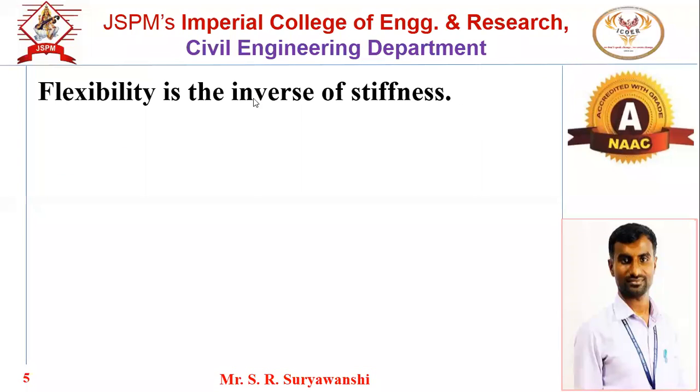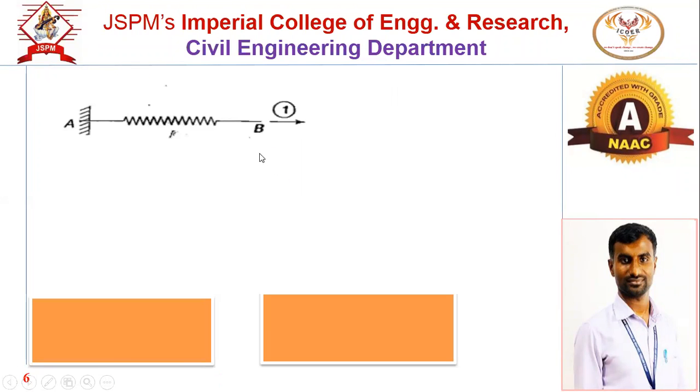Now flexibility is the inverse of stiffness that we have discussed. F is equal to 1 by K. For simple understanding again, we will consider one spring.